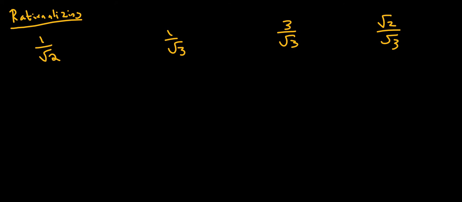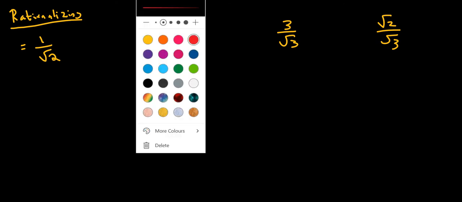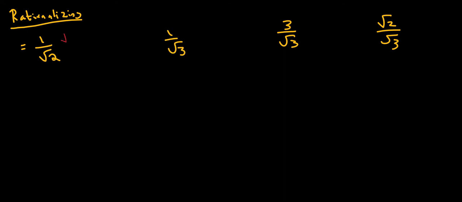So for example, if we were to evaluate this, we would need to write this as a huge decimal and then divide into 1. But we can use some algebra and we can rationalize this denominator by multiplying numerator and denominator by 1 effectively.